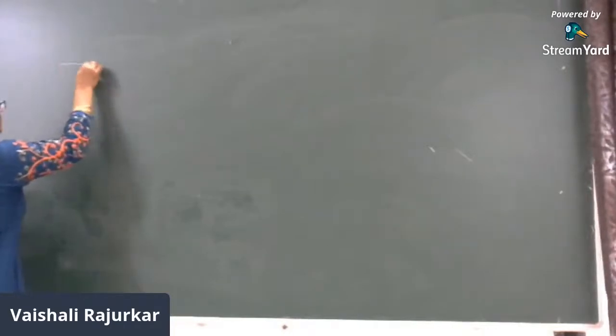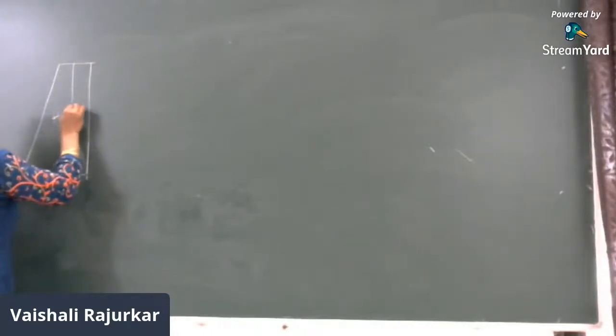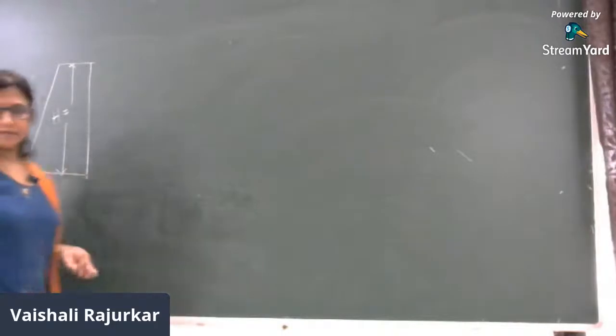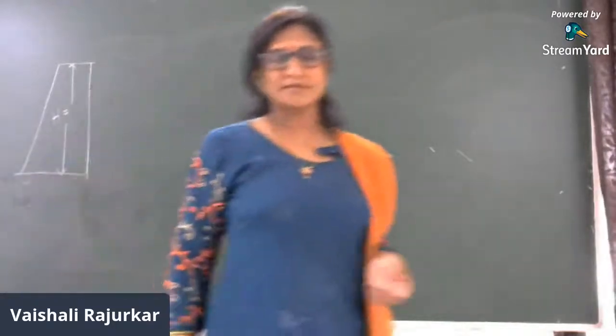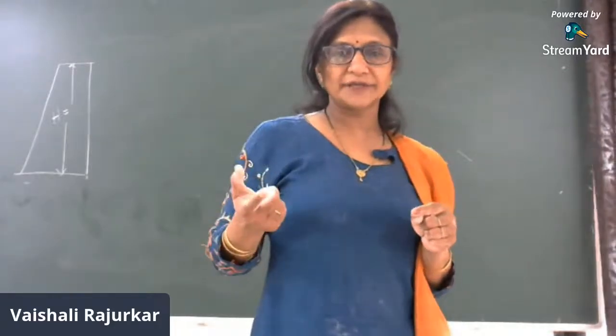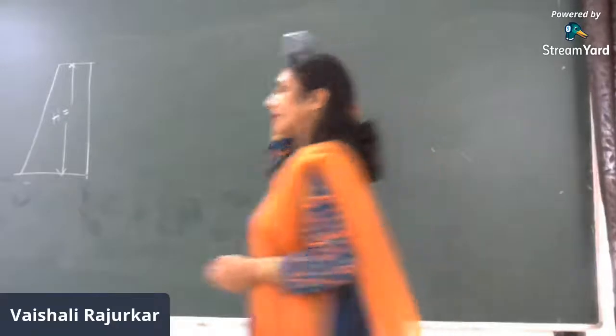So here we will consider the diagram in a clay soil. Suppose we consider this is H, and this type of problem may be tricky. It may be asked many times: before the formation of the tension crack and after the formation of the tension crack, calculate the earth pressure. In that case, you have to make small changes.